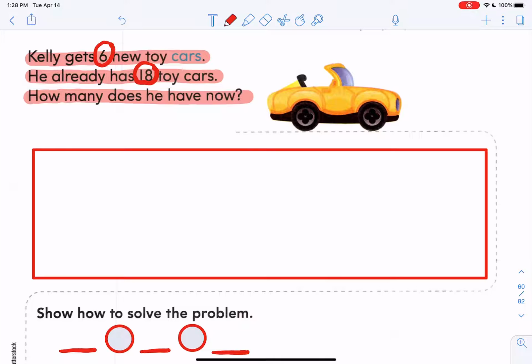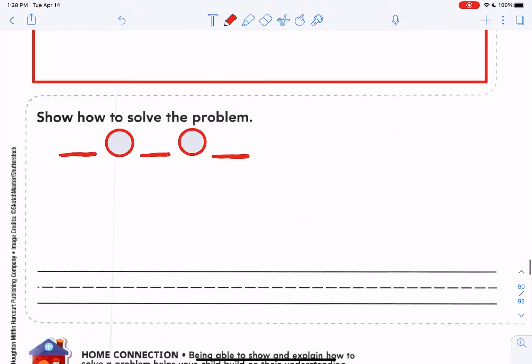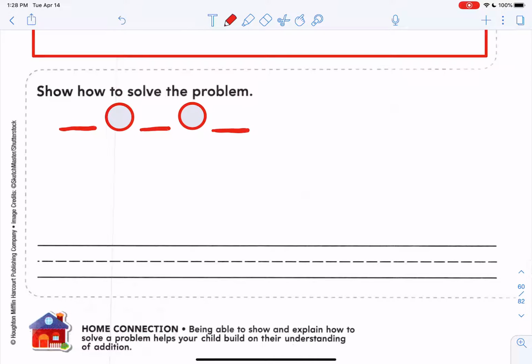We're going to put this information in a number sentence, then we're going to solve. And I've got a number sentence at the bottom of the screen. Let me move this up so you can see it. It said that he got how many new cars? 6. So I'll put that here.